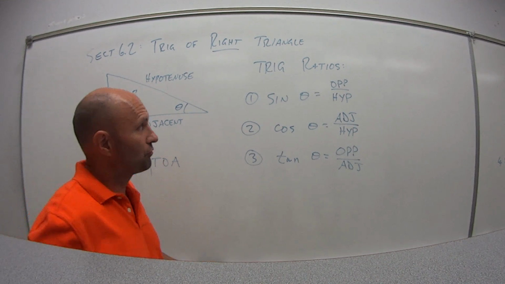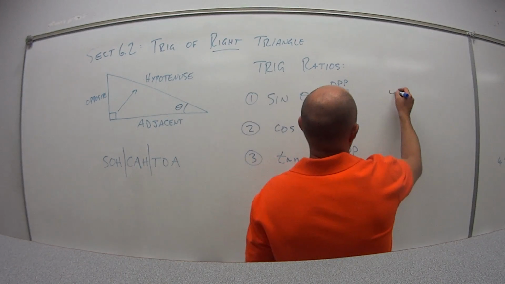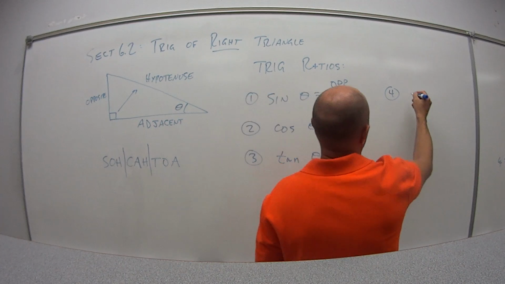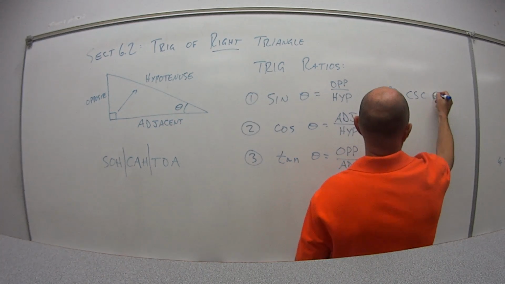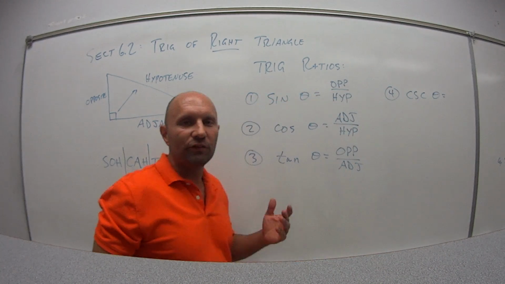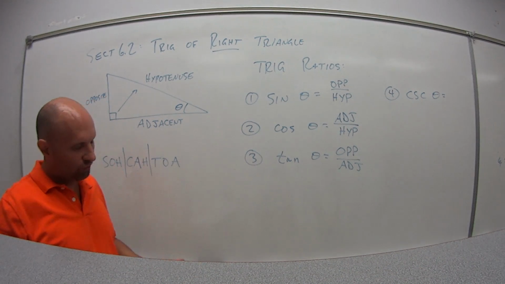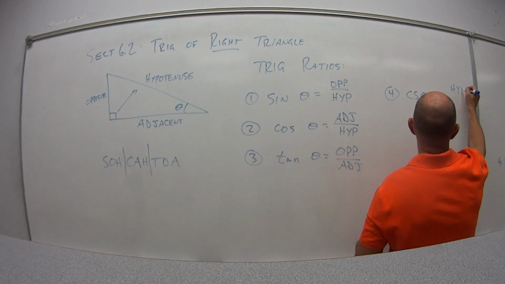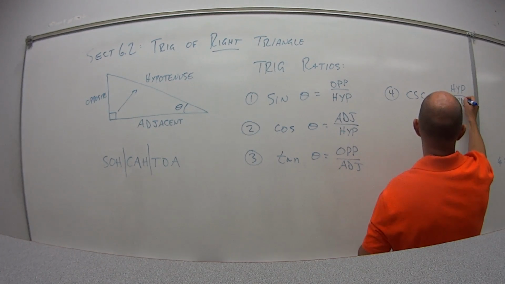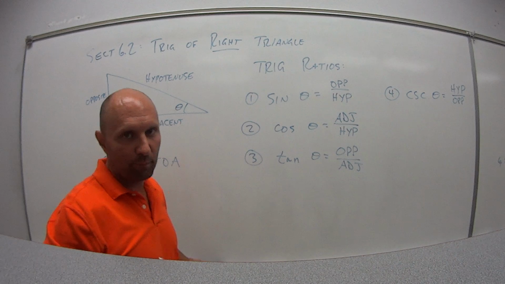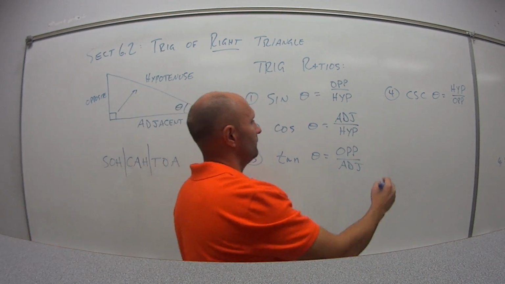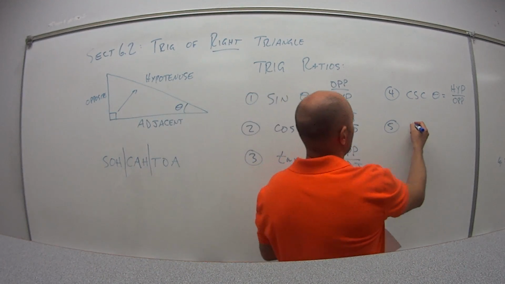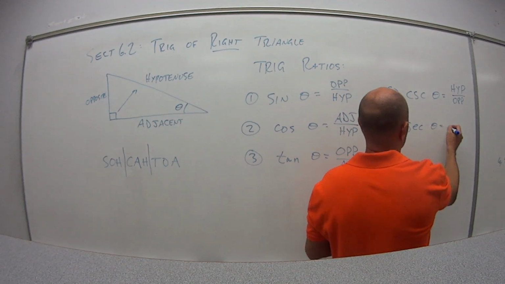We have our three other trig functions though, right? What trig function goes with sine? Well, that's cosecant. And using our reciprocal identities, cosecant is if you flip that over, so the length of the hypotenuse over the length of the opposite side. Cosine is related to secant.